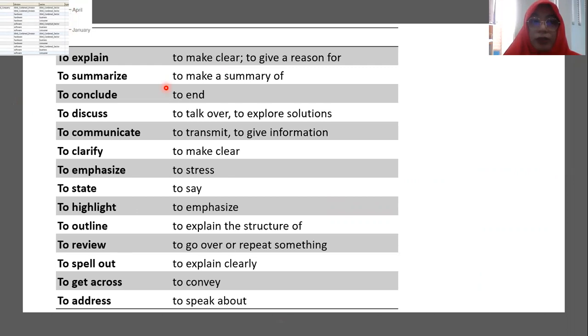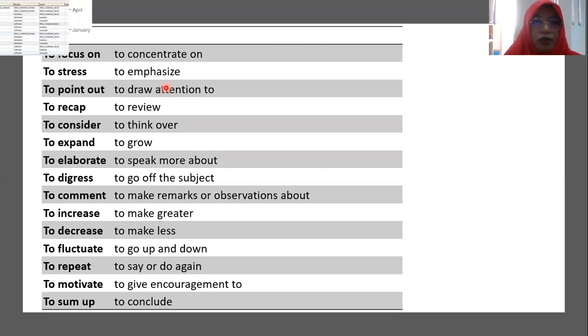Okay, so you can say, for example, I want to explain, to summarize, conclude, discuss, communicate, clarify, emphasize, state, highlight, outline, review, spell out, get across, address, focus on, stress, point out, recap, consider, expand, elaborate, digress, comment, increase, decrease, fluctuate, repeat, motivate, sum up.